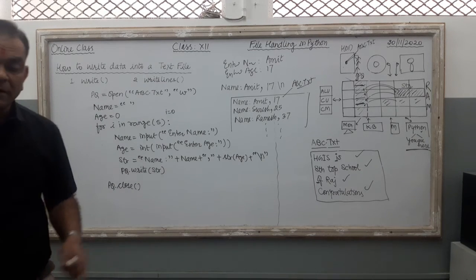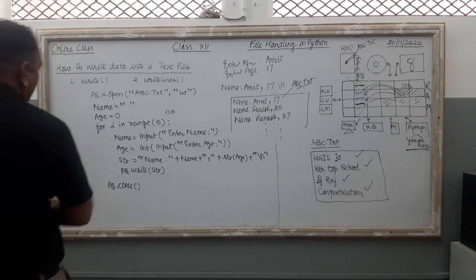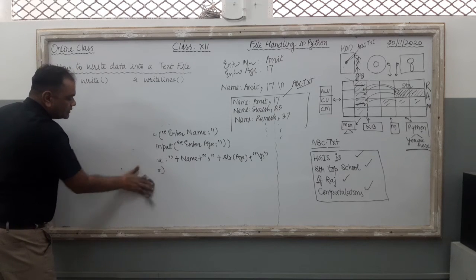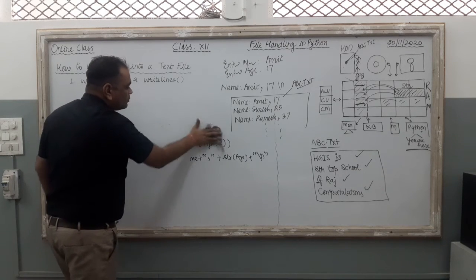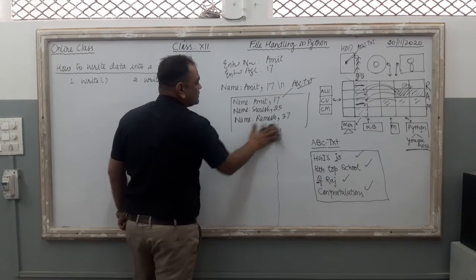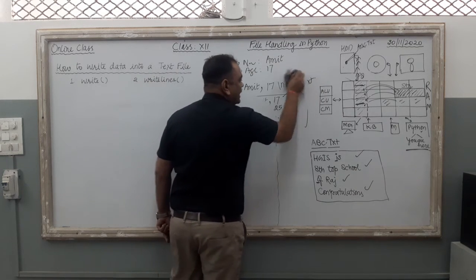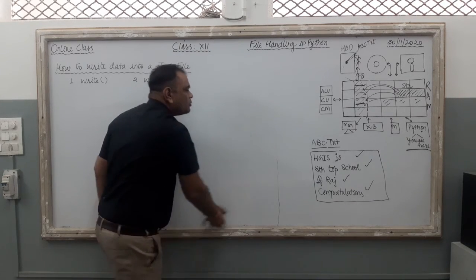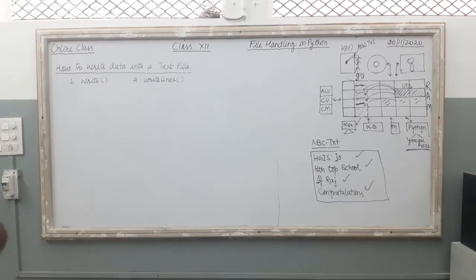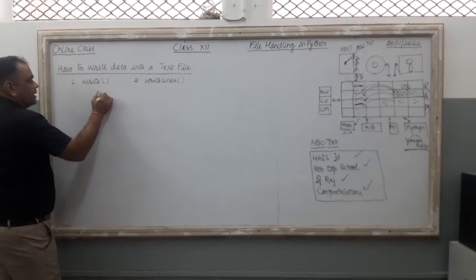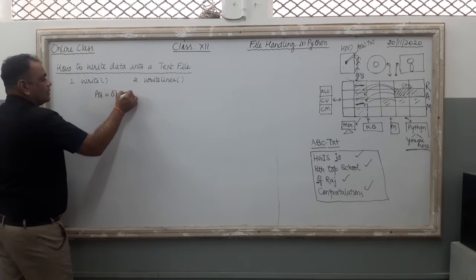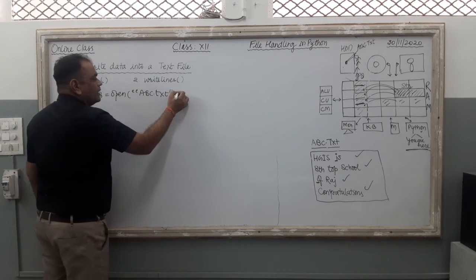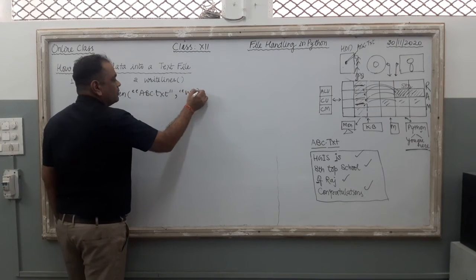Now the second function, it is related with writelines. Clear? Writelines means here if you want to use this writelines function, you have to supply your data into the list formation. Right? Just create a list, the list contains your data, and then the data is directly stored inside the file. Just see, here I am using the command pq equal to open, then the file name, it is abc.txt, it is my file name, then the file mode, it is w.